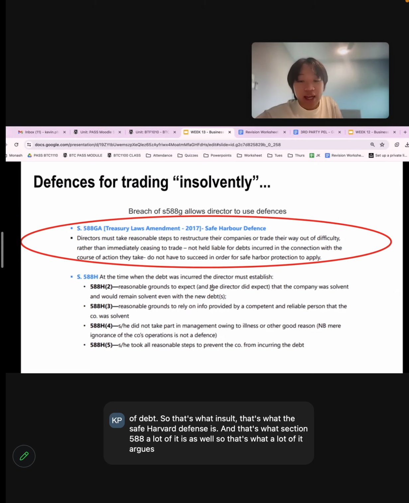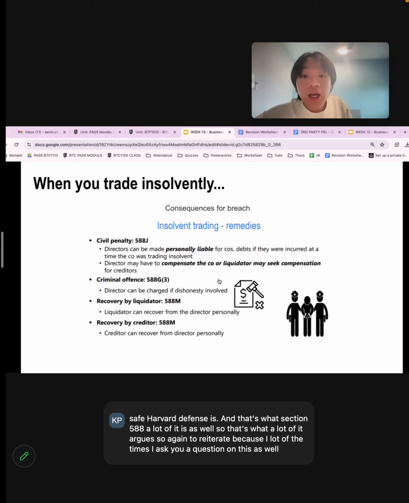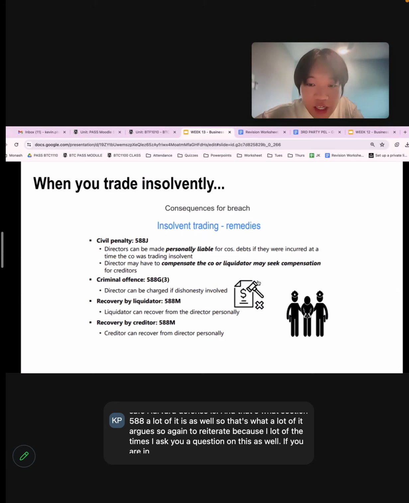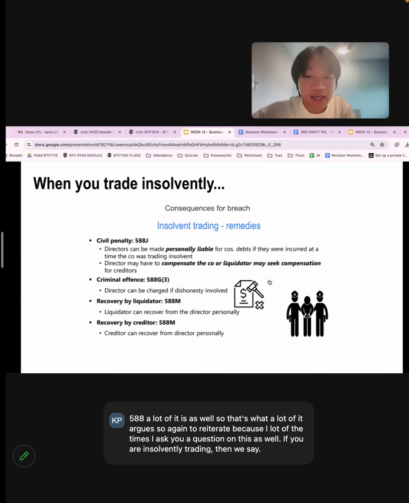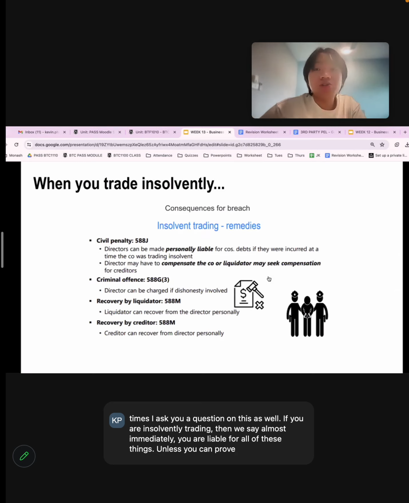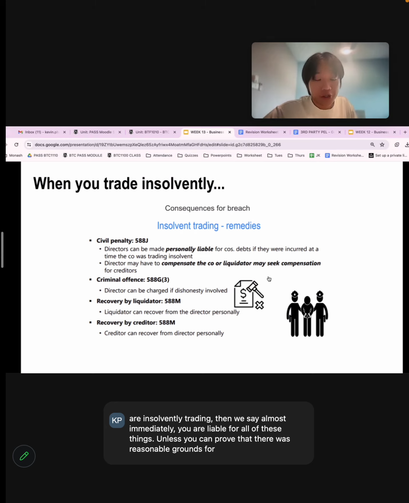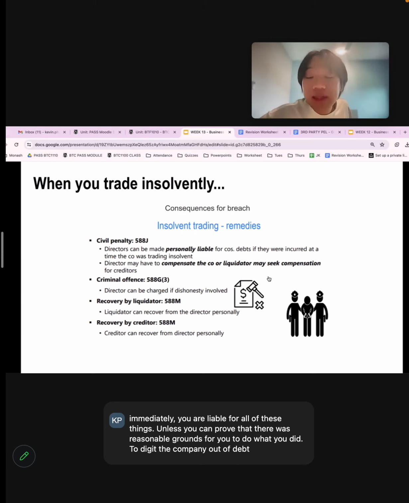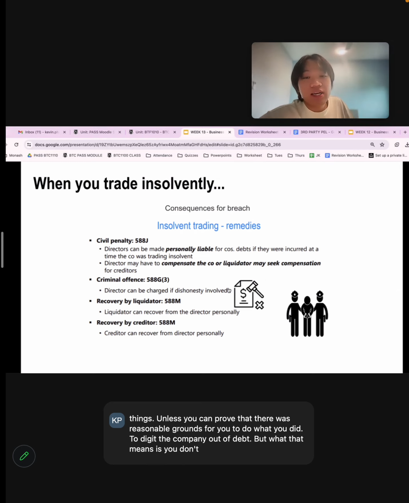So again, to reiterate, because a lot of the times they ask you a question on this as well. If you are insolvently trading, then we say almost immediately you are liable for all of these things unless you can prove that there were reasonable grounds for you to do what you did to dig the company out of debt. But what that means is you don't actually have to succeed.